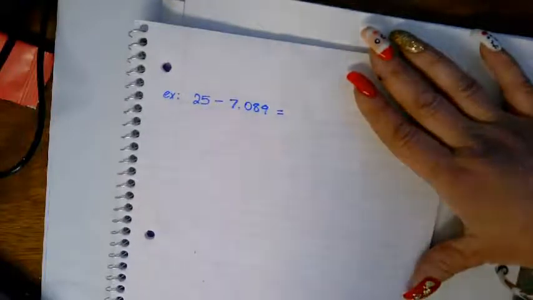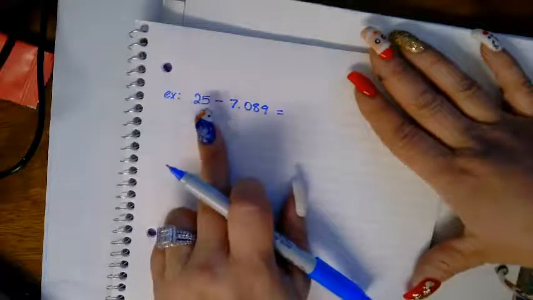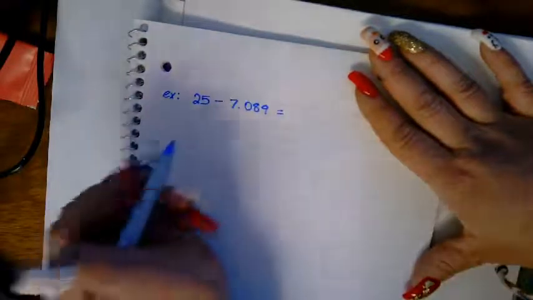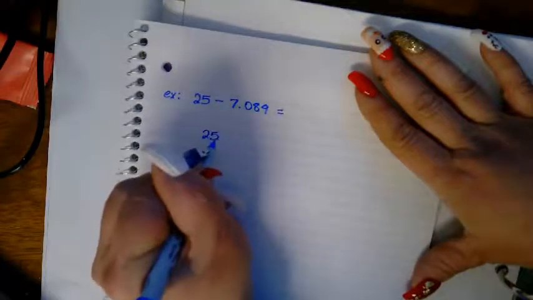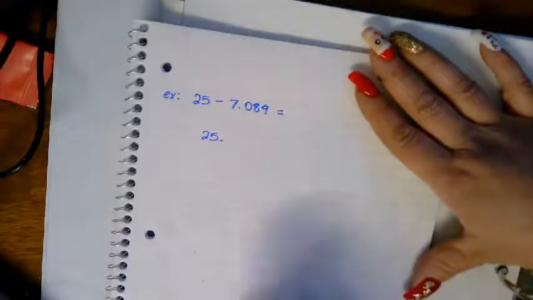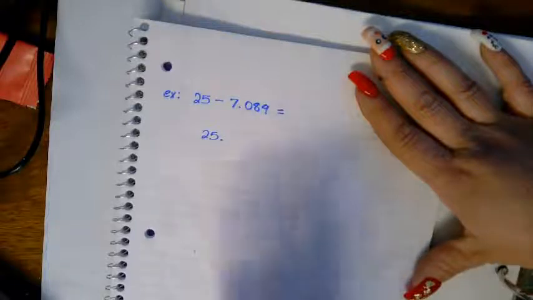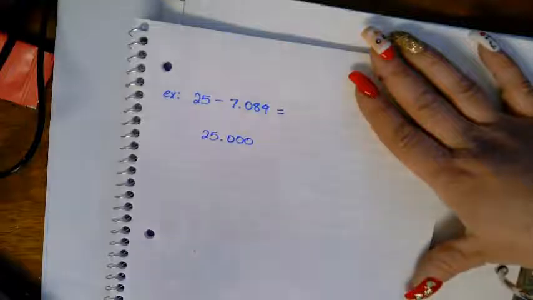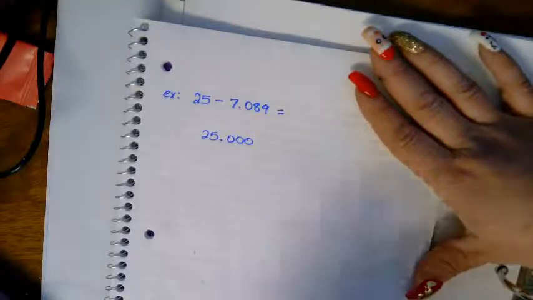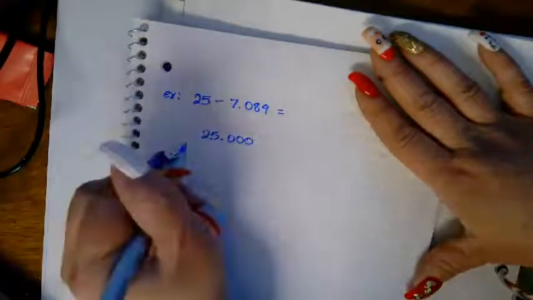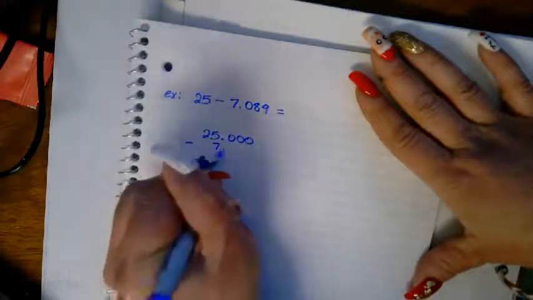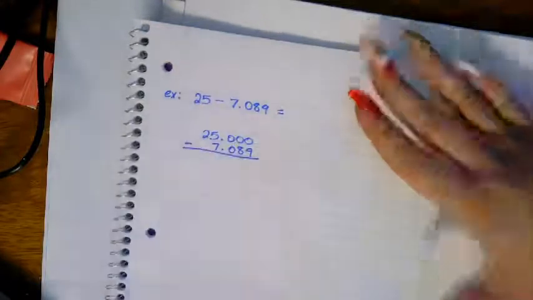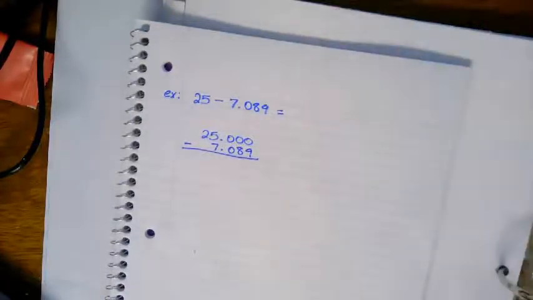Well, I shouldn't say it's easier. We should know that the decimal point would be after the 25. So we add our decimal point afterward. We have 3 spaces after this decimal point, so we're going to add 3 zeros. You can do it the other way that I did the other one if that's easier, or do it this way. Now we can do our subtraction: 25 minus 7.089. Write that down, pause if you need to.